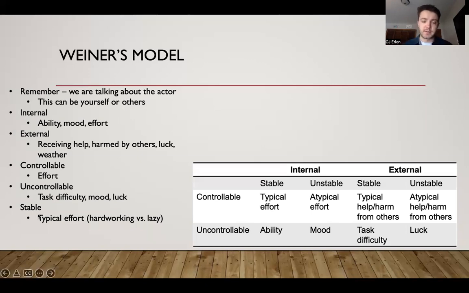And so stable internal, right? This is something where oftentimes this might look like traits. And then unstable mood, right? That can change relatively quickly, or luck, it can be unlucky one second and then win the lottery the next, or whatever it might be.